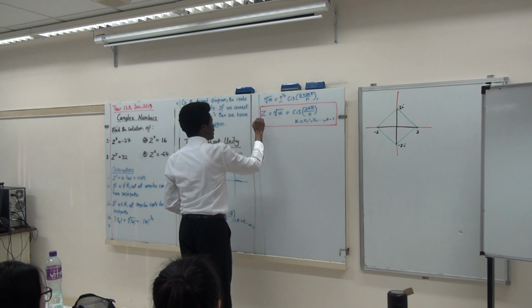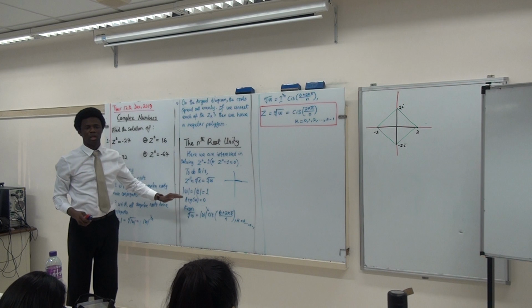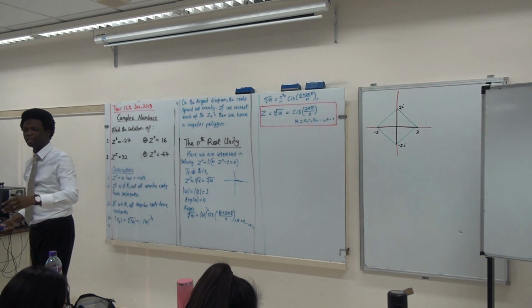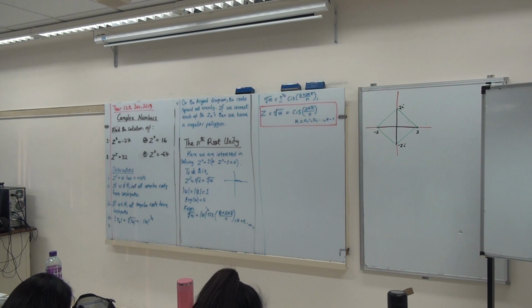If you do not remember it, just start all over again and ignore the absolute value, and you already know theta will be 0 this time around. Does it make sense? Let's see how this will be used.